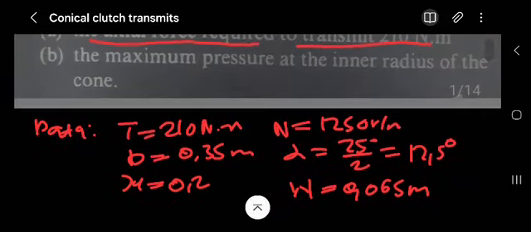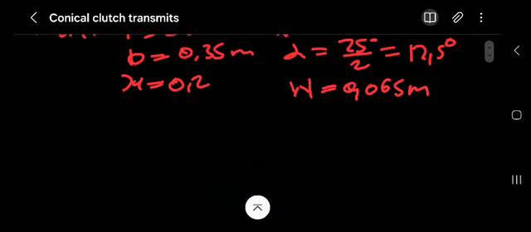So guys, question A says we should calculate the axial force. We know that axial force is equal to torque multiplied by sine alpha, divided by coefficient of friction multiplied by RF.